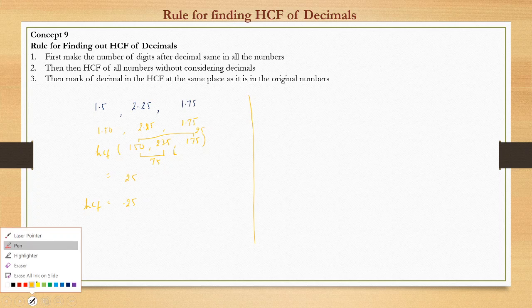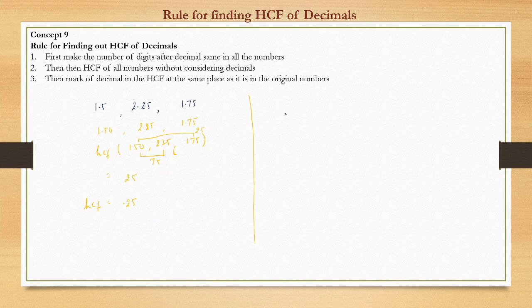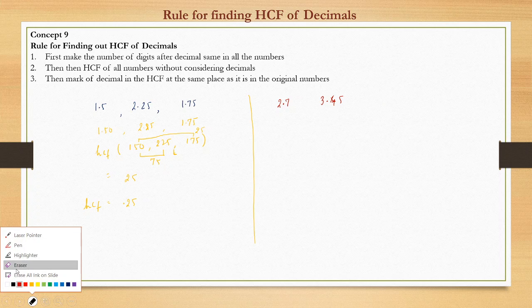So similarly, if we have another set of numbers, we can take anything like 2.7, then 3.45, and say 3.